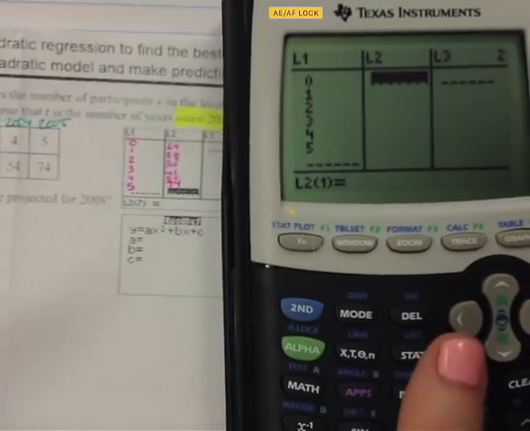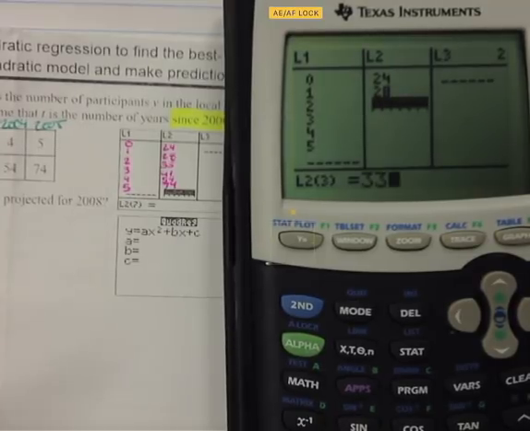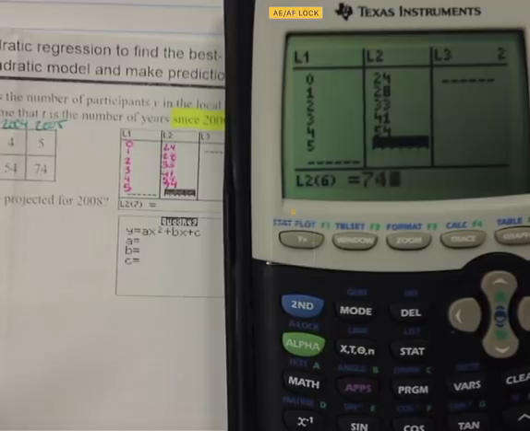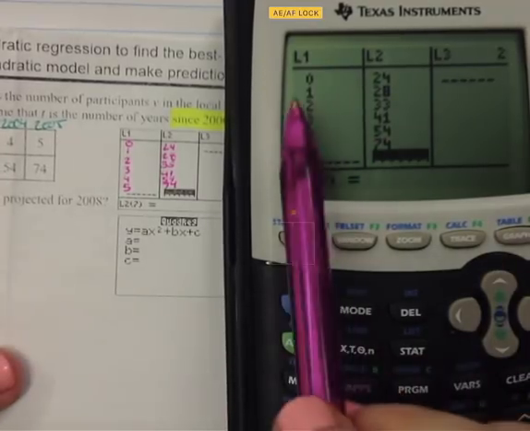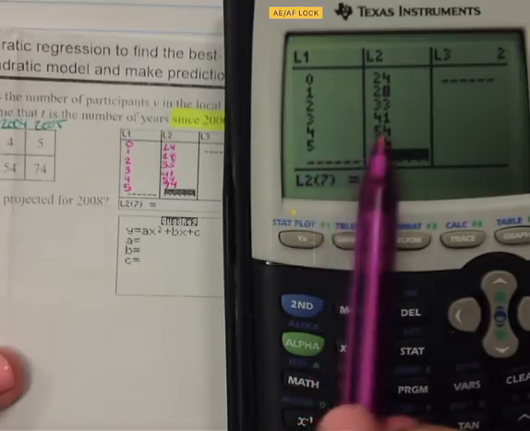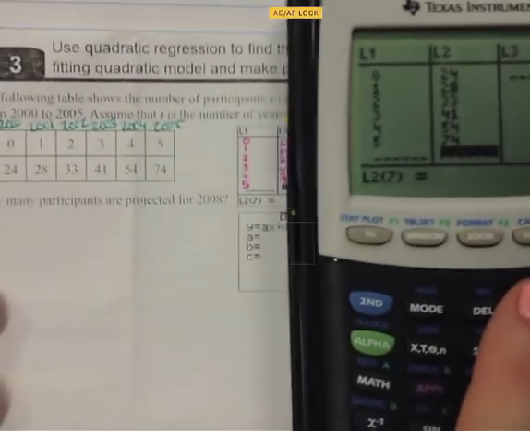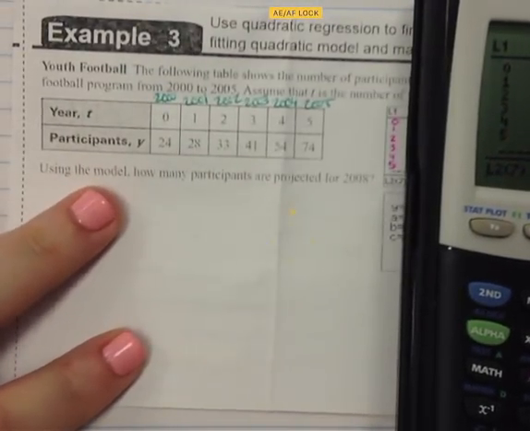Go over to L2, put in the 24, enter, 28, 33, 41, 54, 74. And as you can see, we still have our list lined up. So that means that we should not have any mismatched. We still want to find using the model. It says using the model. So we have to find the model.